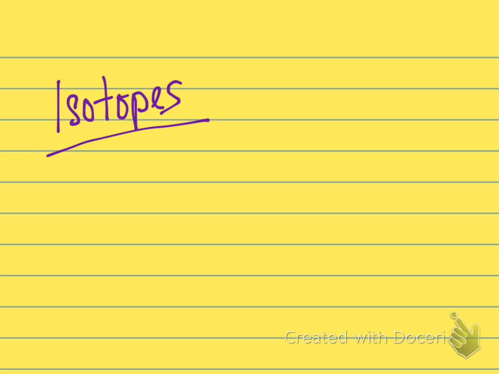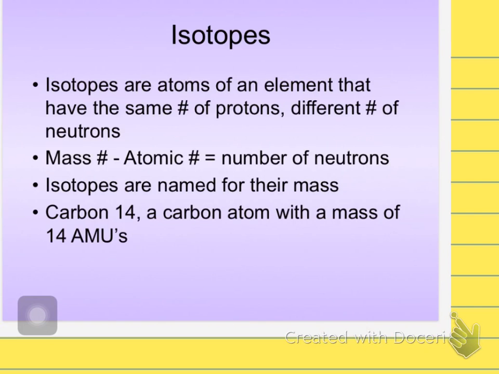It's that time. So, an isotope is most simply an atom of an element that has a different mass. How can it have a different mass? Because though all atoms of, let's say, carbon must have the same number of protons, they can differ in the number of neutrons that they have. And because the atomic mass is made up of the number of protons plus the number of neutrons, they can have different masses.